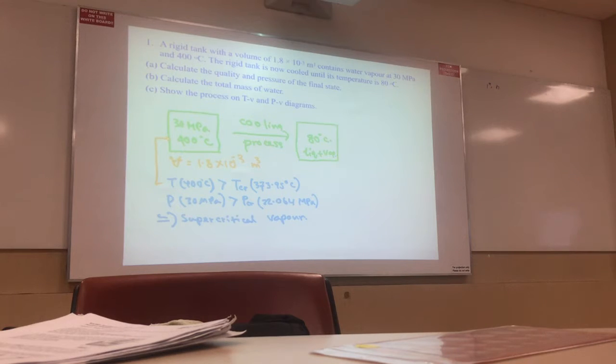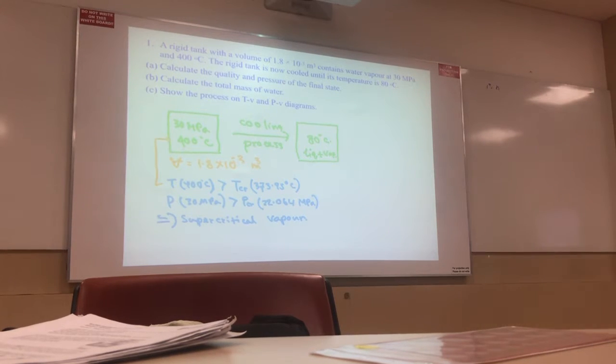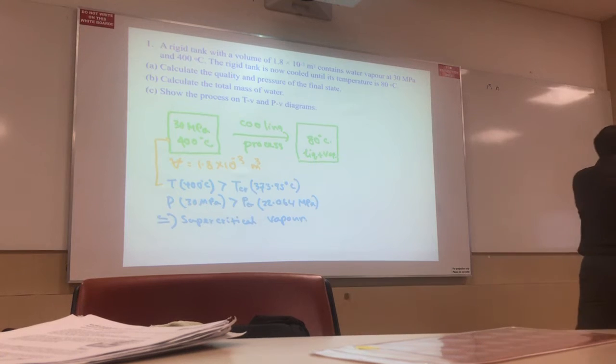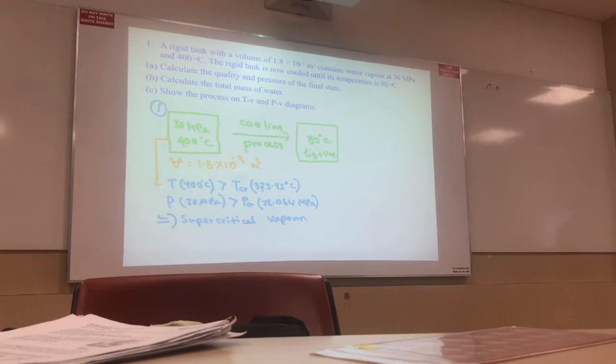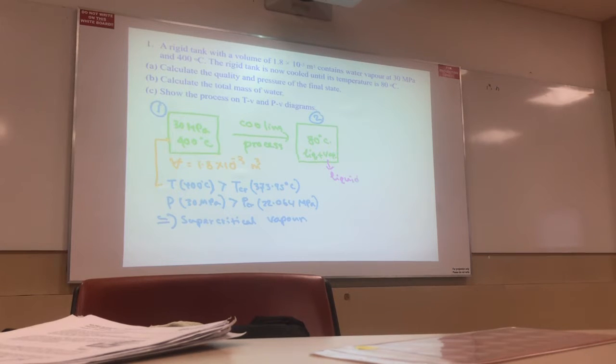All right. So what is state 2? First one is state 1, right? So state 1 I can write. State 2 tells me the state is found in the liquid plus vapor mixture regime, right?